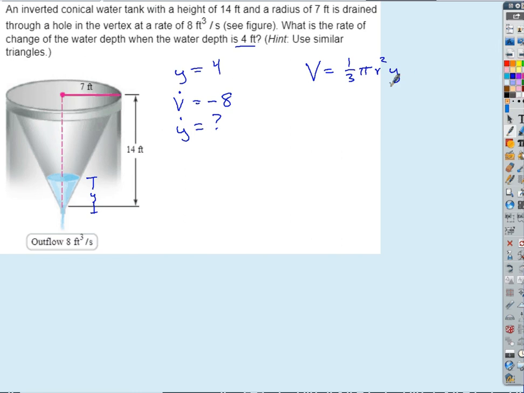But we'd rather not have that r in there, because when I differentiate, I'm going to have r's and y's and r dots and y dots, and I don't have all that information. So what could we do to eliminate a variable? Can we come up with a secondary equation that relates r and y?